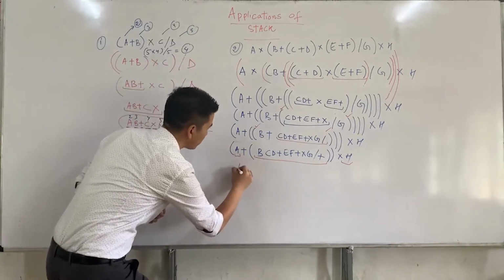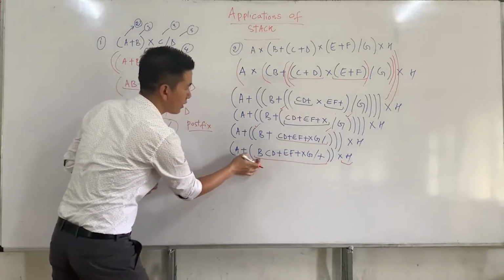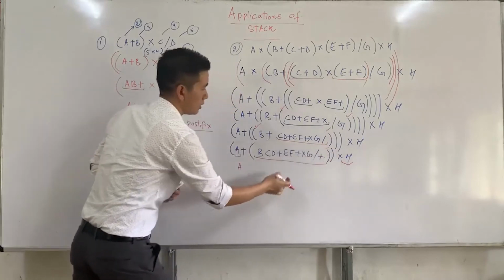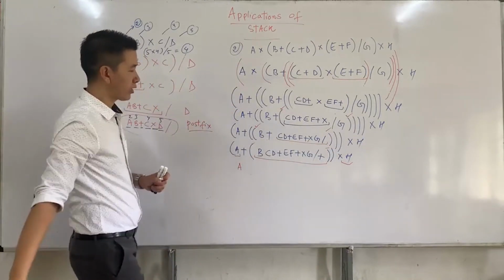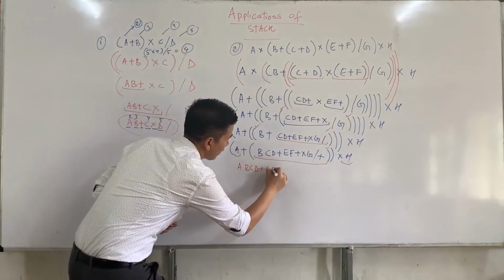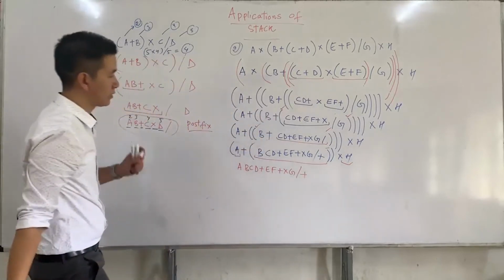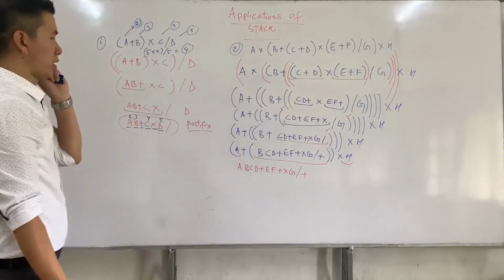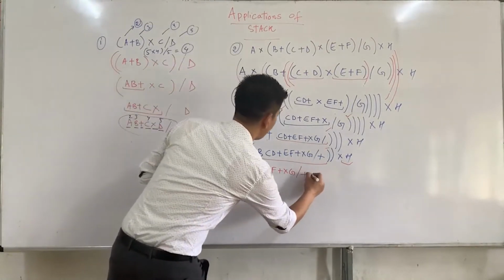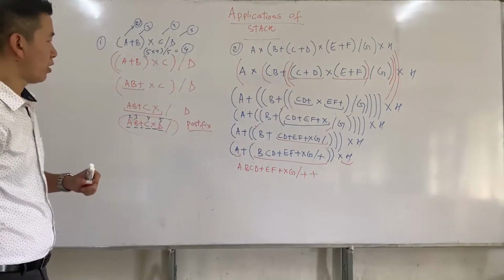A is the first operand, and then this whole thing, I need to get rid of this. This as a whole is the second operand, and then CD plus EF plus multiplied by G divided by plus, and then comes the plus sign. Okay, I think I got it wrong.